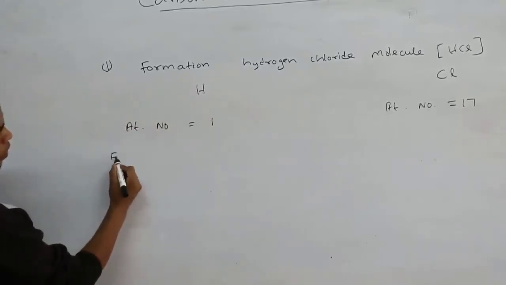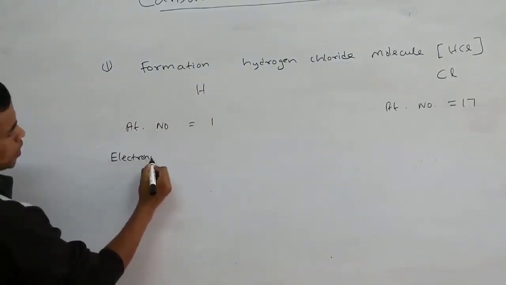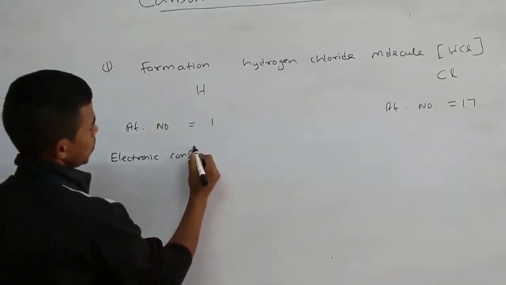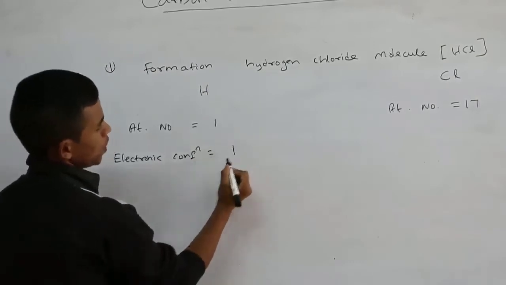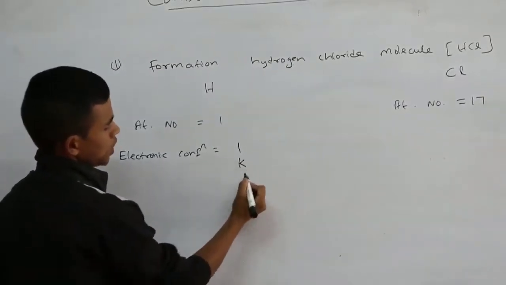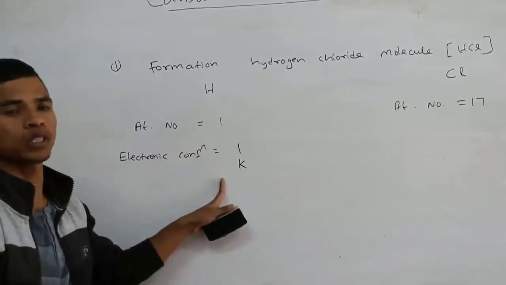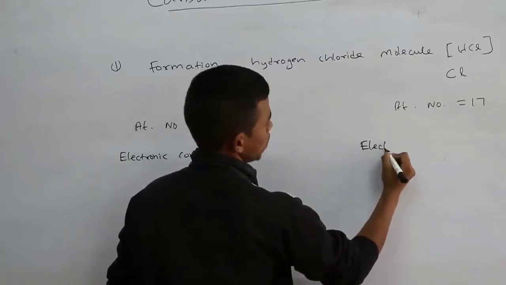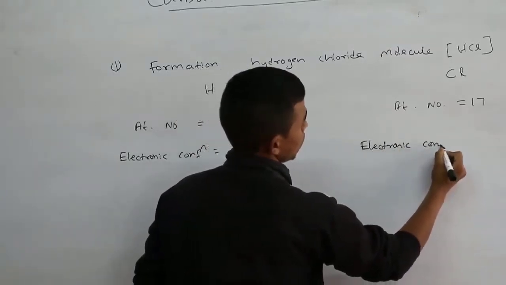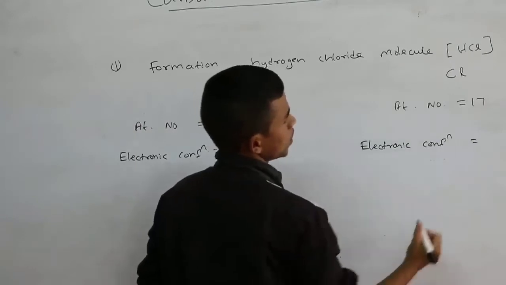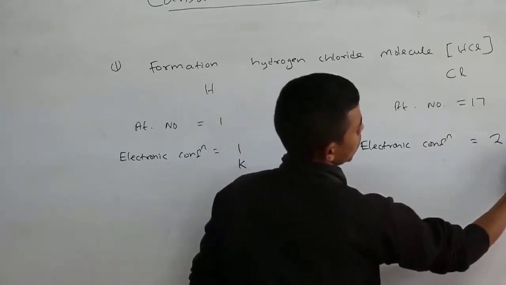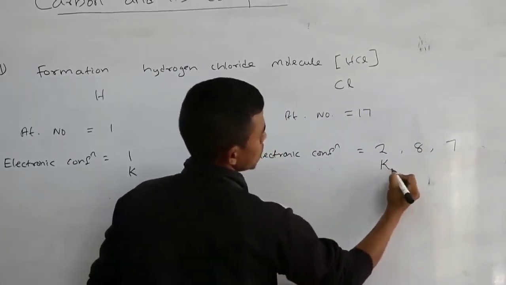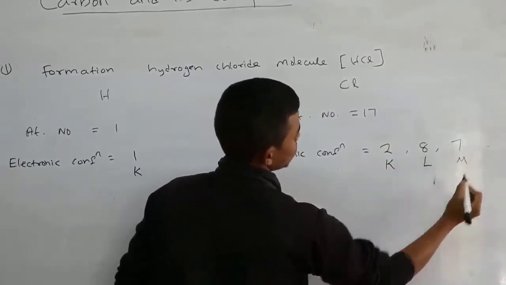So the electronic configuration for hydrogen will be only 1, in the K shell, and it is the outermost shell, because there is only one shell. And the electronic configuration of chlorine is 2, then 8, which makes 10, so for 17, 7 more. So this is the K, L, and M shell.